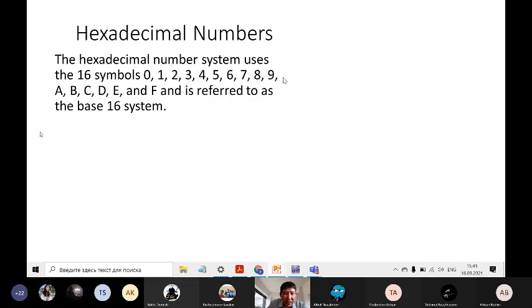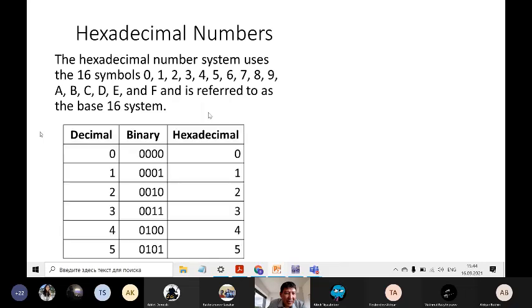But then we need to come up with other symbols, so letters were added, A, B, C, D, E. So it has 16 symbols, and we also call it the base 16 system.